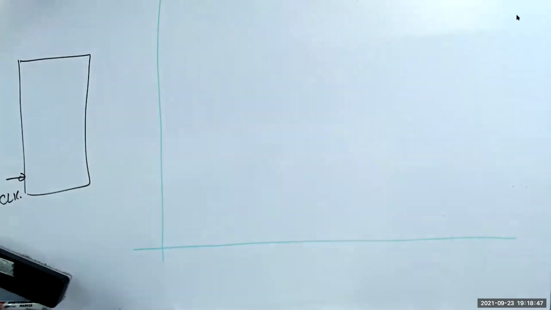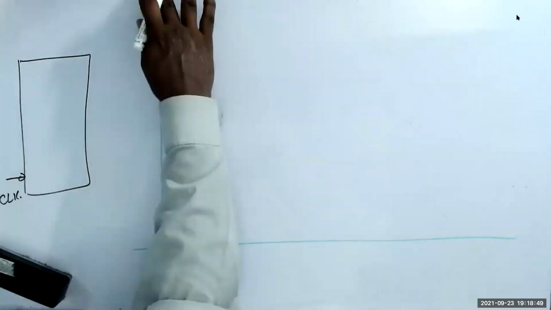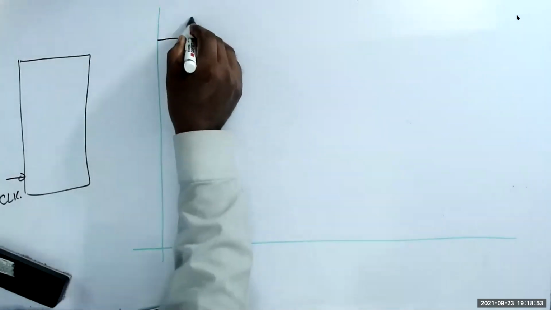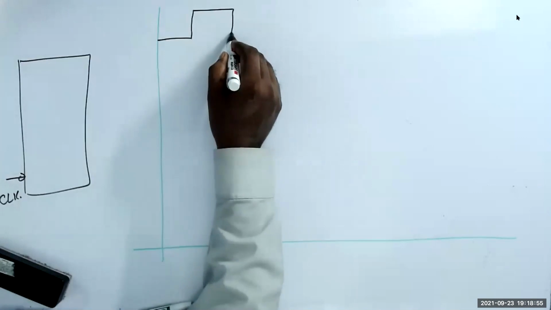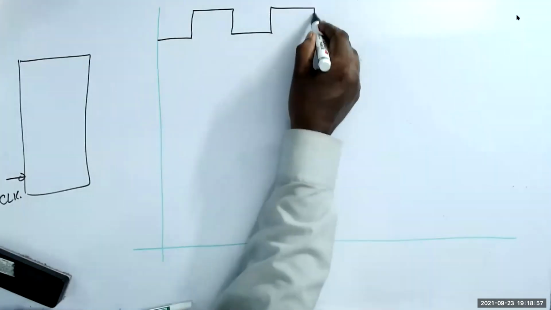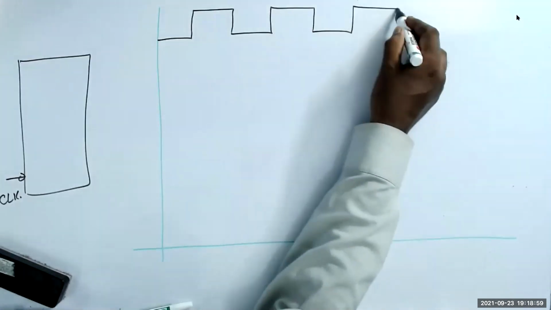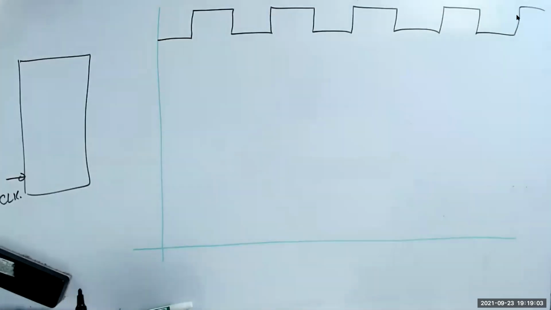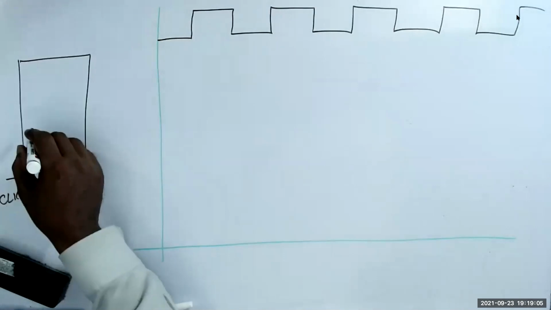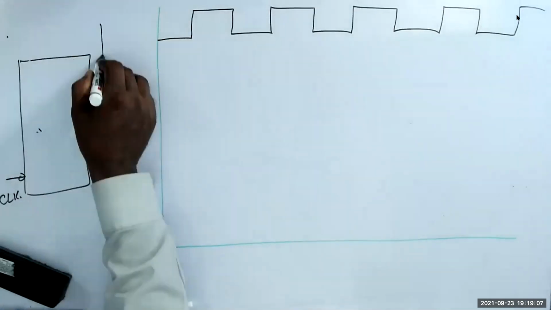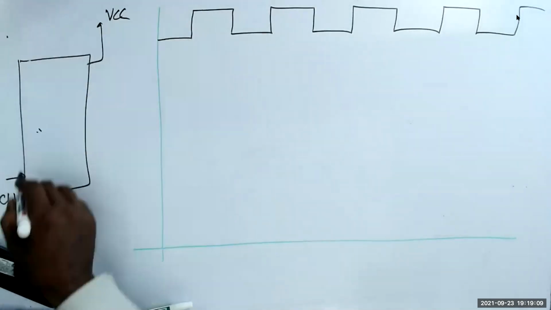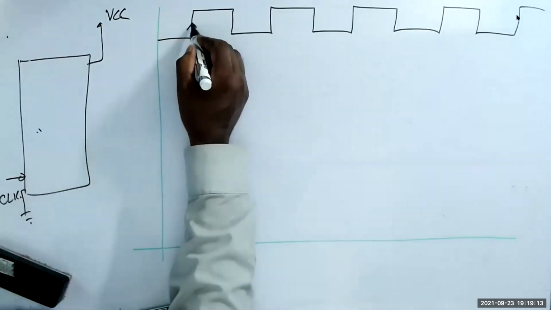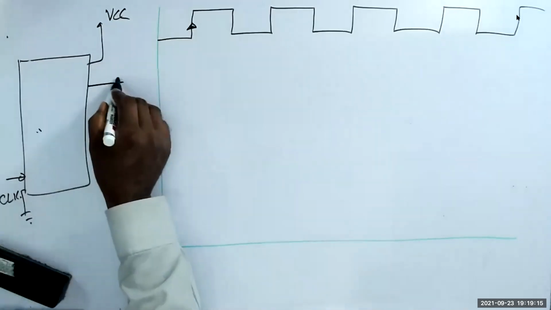Okay, now let me draw the clock first. Now, when you give power and ground to this microprocessor, on the first clock edge, the microprocessor gives an address.